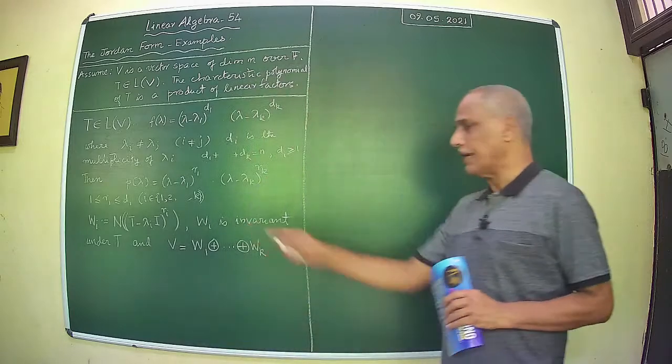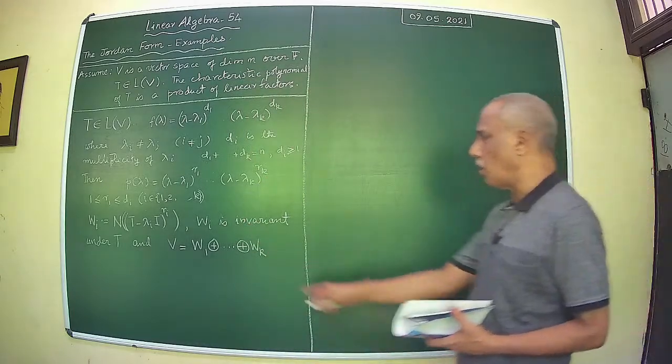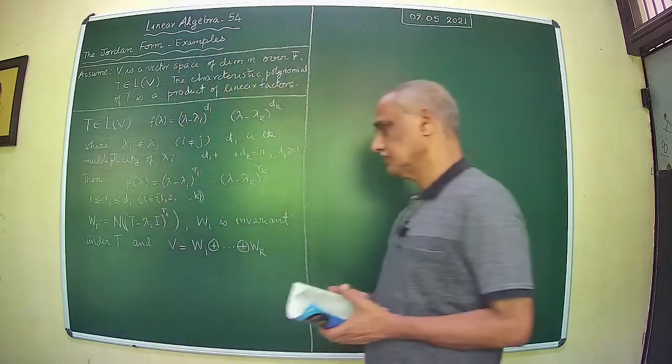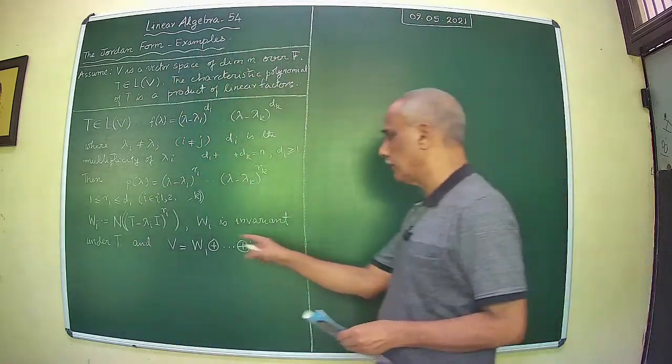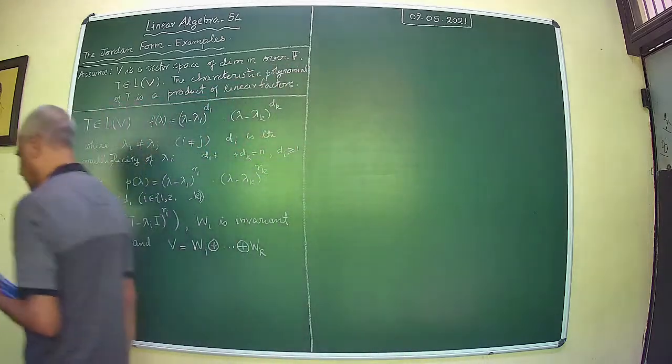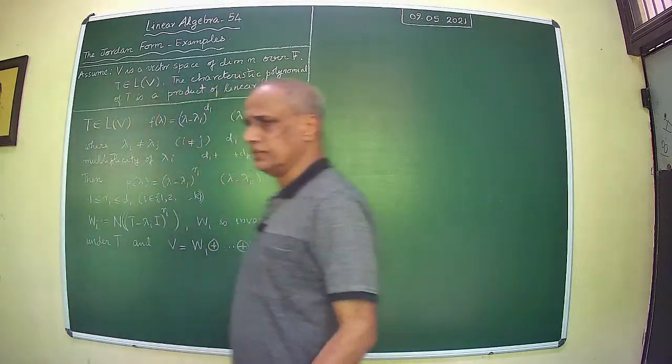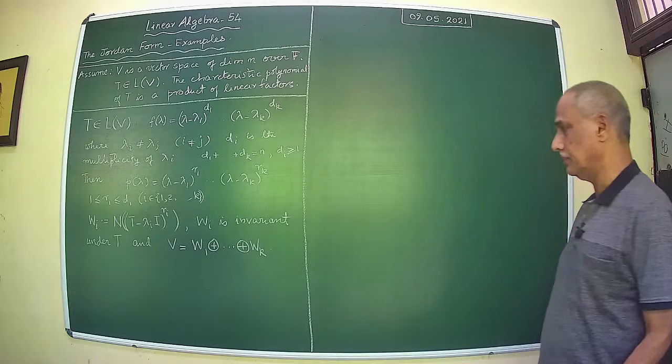Now you see this breakup is unique up to the order in which we choose lambda 1, lambda 2, etc., lambda k. Once we fix the order, the choice of Wi's is unique, and the breakup is also unique. So we fix a certain order in which it is taken.